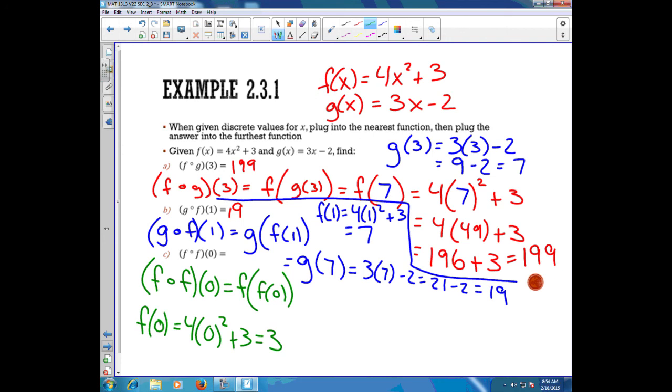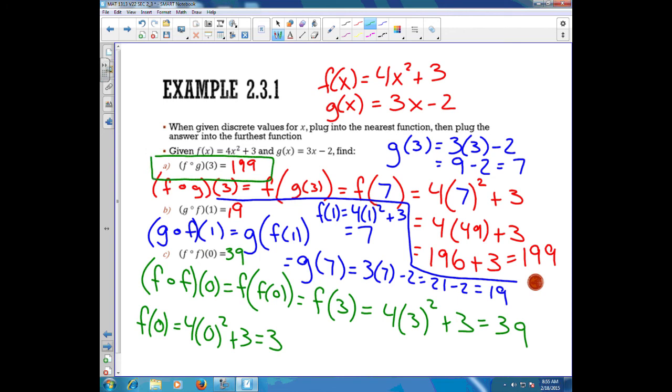And now we're going to plug 3 back into f, and you get 4 times 3 squared plus 3, which is 9 times 4, which is 36, plus 3, which is 39. So when we compose functions and we're given discrete values for x, when you're given what x is equal to, then you should be able to get numerical answers at the end.